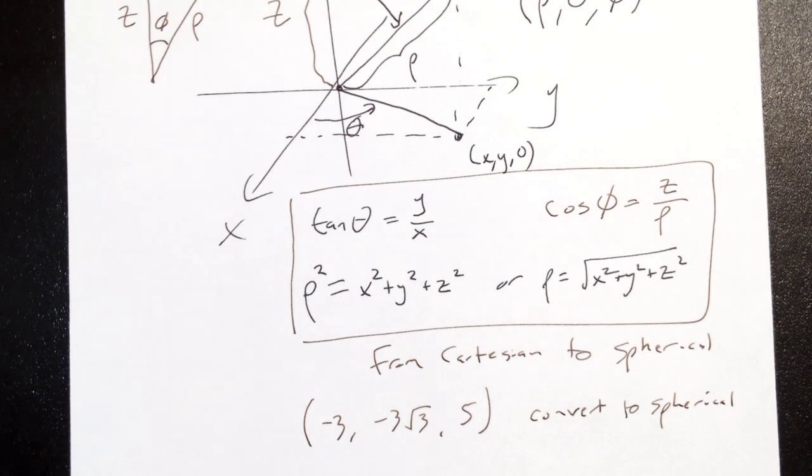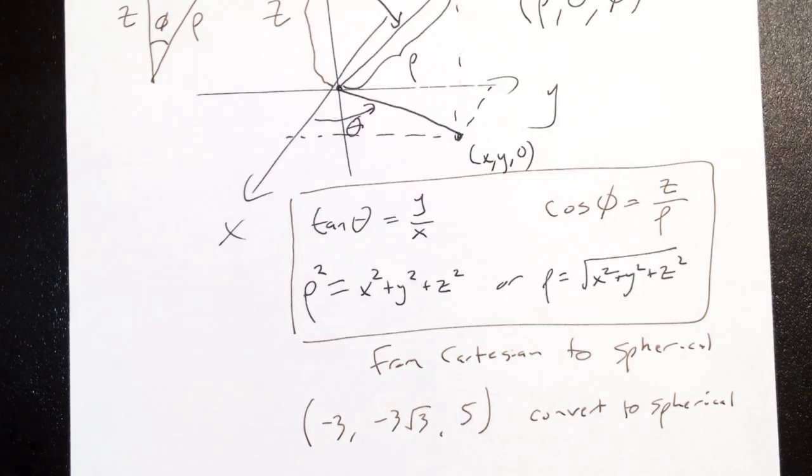When we did this yesterday, we said, oh, x and y are both negative. We're going to be in the third quadrant. We use that to figure out theta. So I get the same theta I did yesterday for this point.